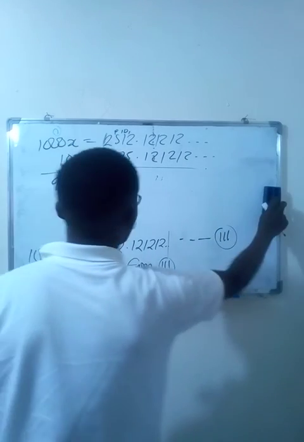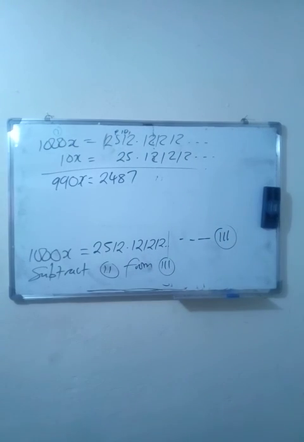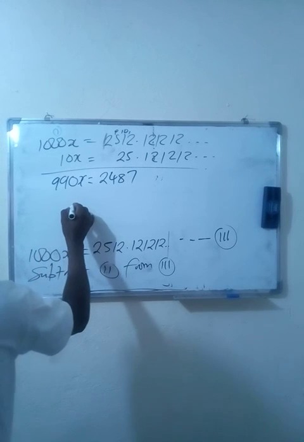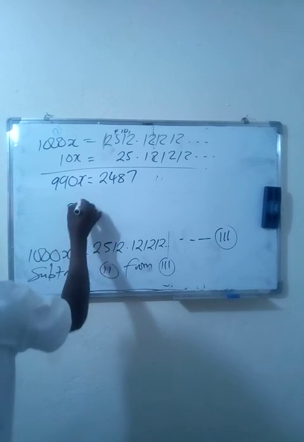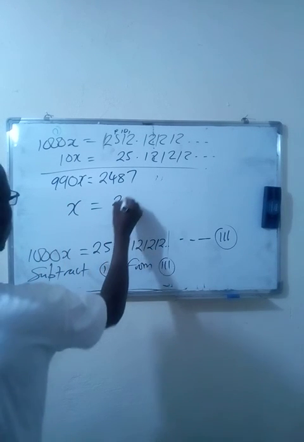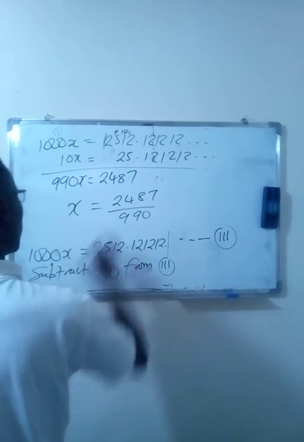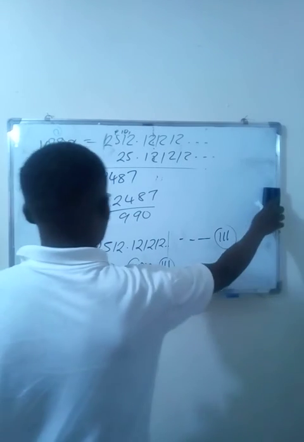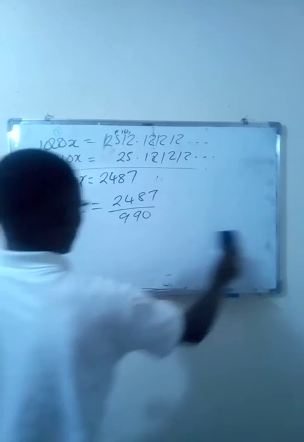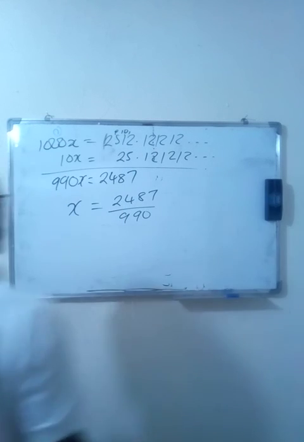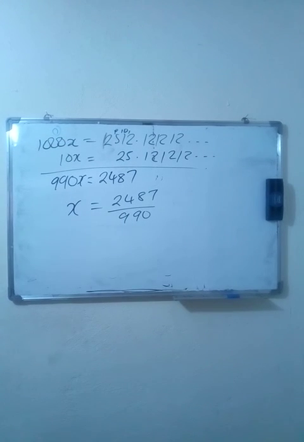Then what next? We make x the subject of the formula. So x is equal to 2487 divided by 990. I don't think there's any common factor between the numerator and the denominator.